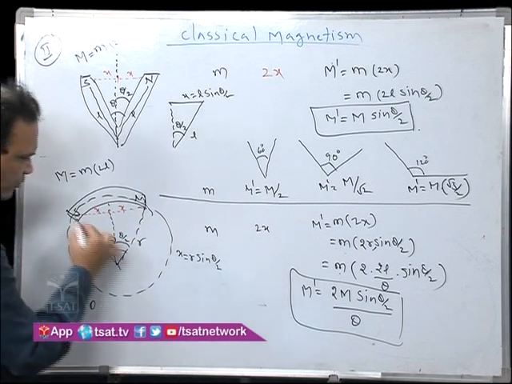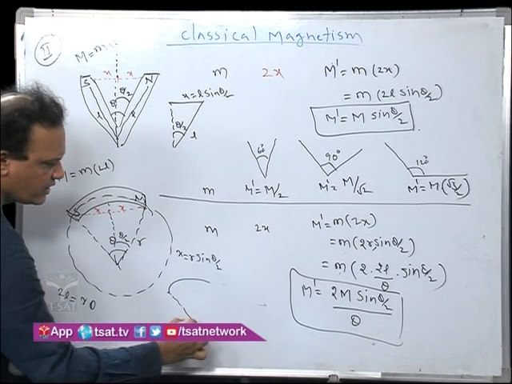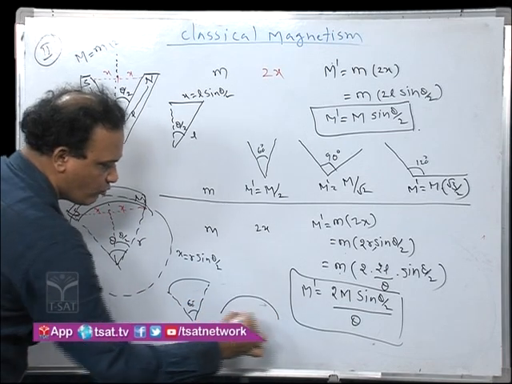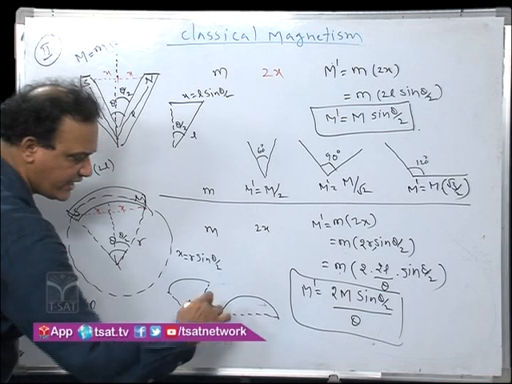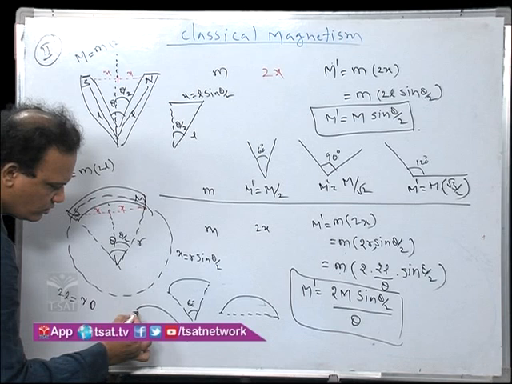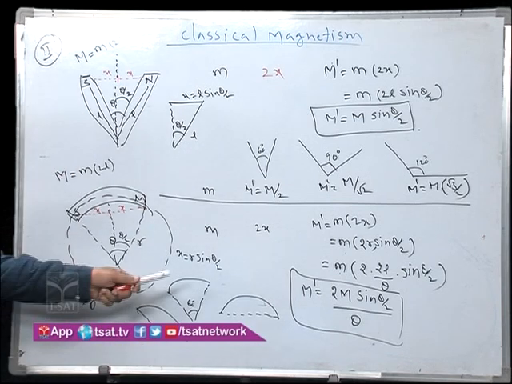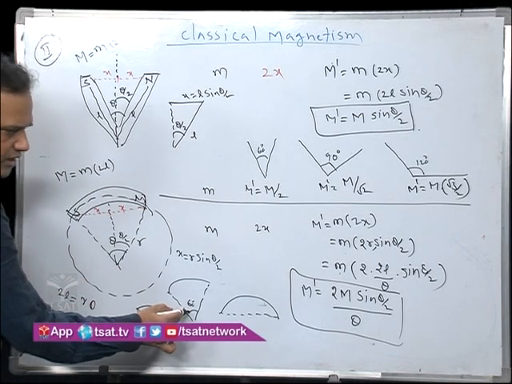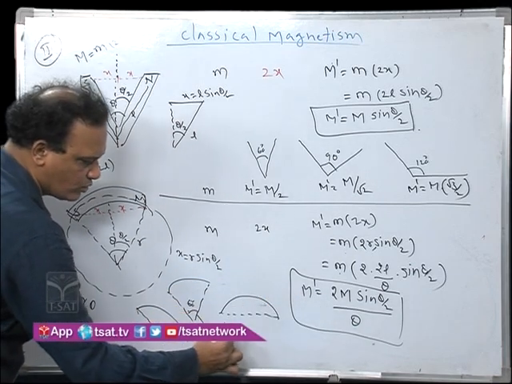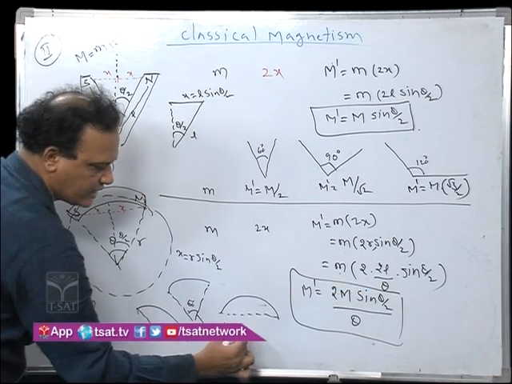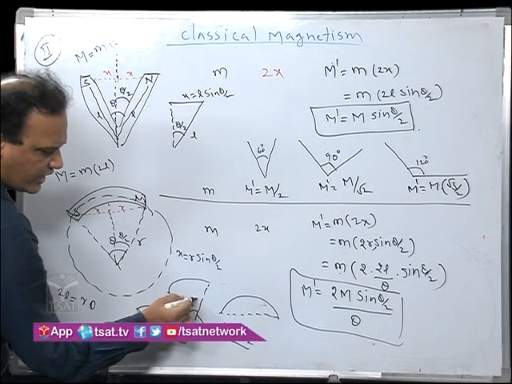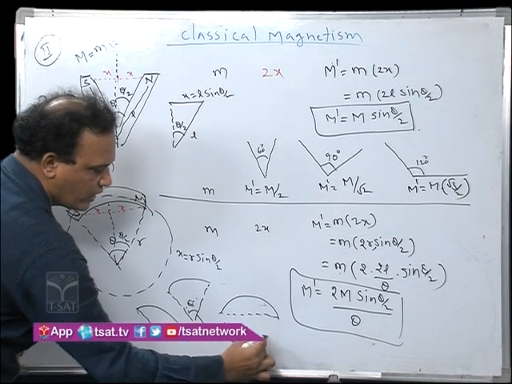Same thing here: the bar magnet is bent in the form of an arc such that it makes an angle of 60 degrees, 120 degrees, or 180 degrees, which means a semicircular arc. If it is 60 degrees, the new magnetic moment m dash is equal to 2m sin 30, that is 1 by 2, with theta in radians, so pi by 3, giving 3m by pi.